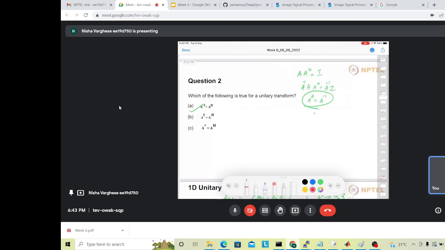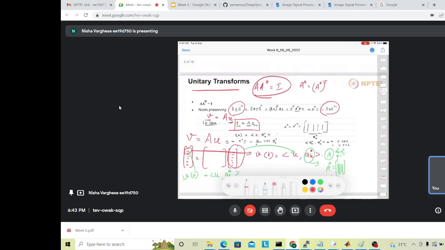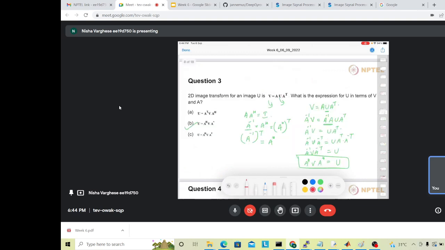A Hermitian is equal to I. Then one dimensional to two dimensional: how we can find the one dimensional transform, by finding A Hermitian and A star. Then for 1D to 2D, we can straight away use the equation that we did here.